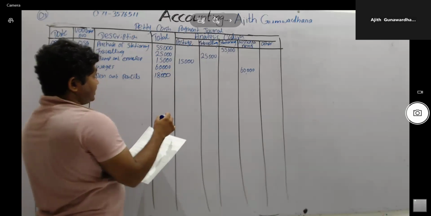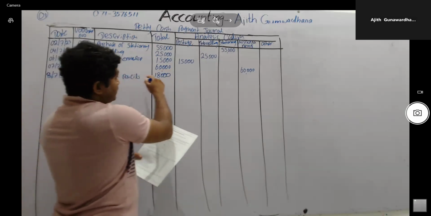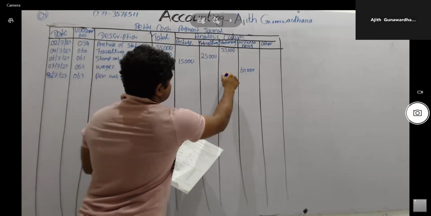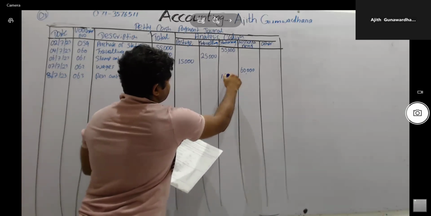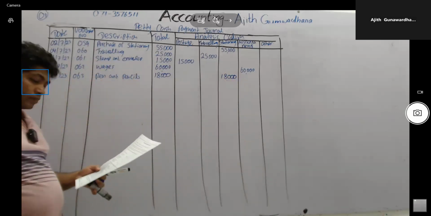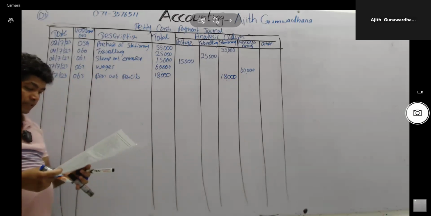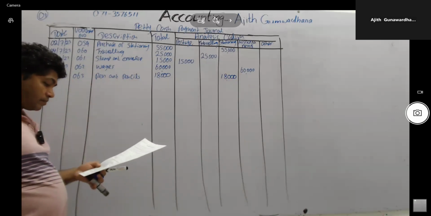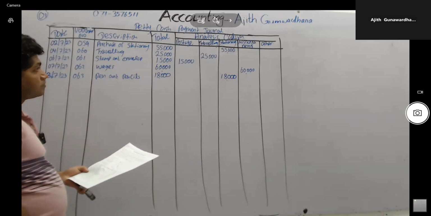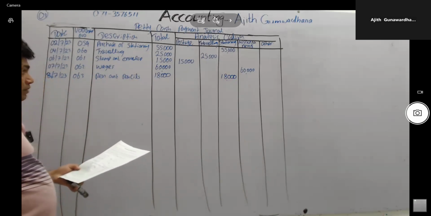Part of stationery. Therefore, it should be recorded in the stationery column. Think small amount of expense paid in cash should be recorded. First one, complete petty cash payment journal.